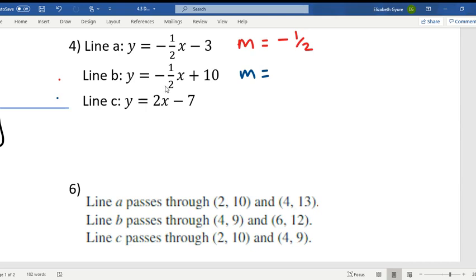So the slope always is connected to the x. It's always that first thing, your m term. Yeah, that's why I'm trying to help you do that. So with this, it's y equals negative 1/2 x plus 10. So which value do you think, if it has to go with the x value, would be the slope?